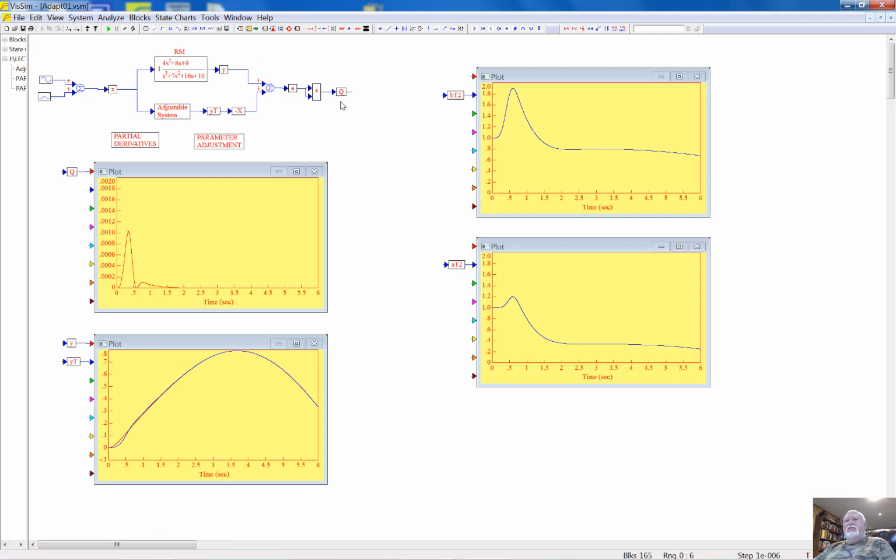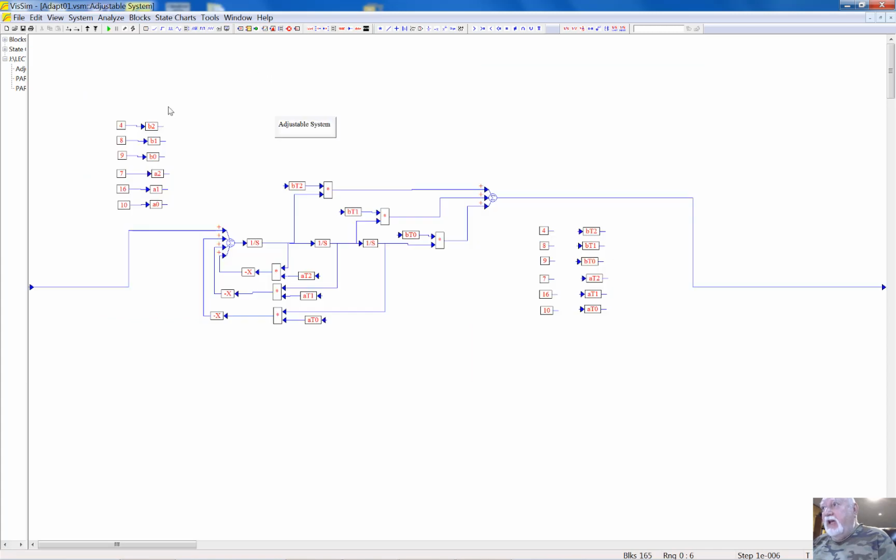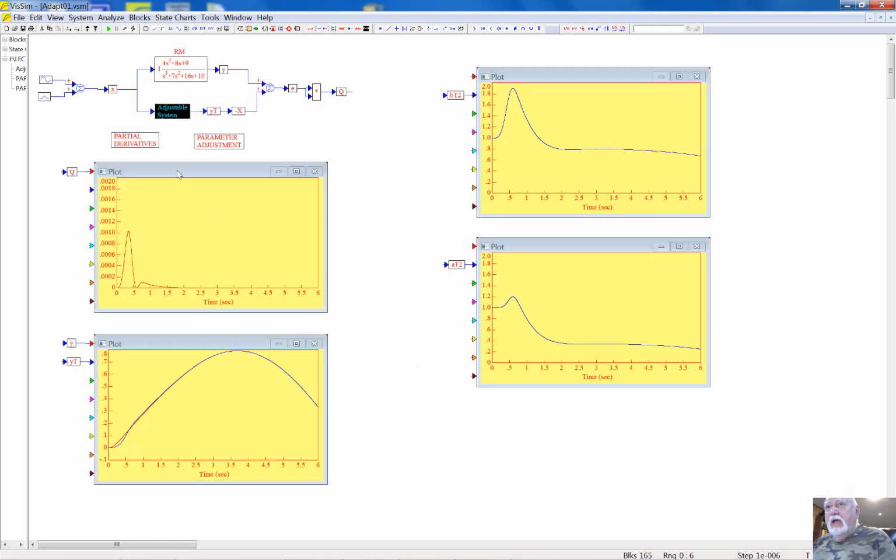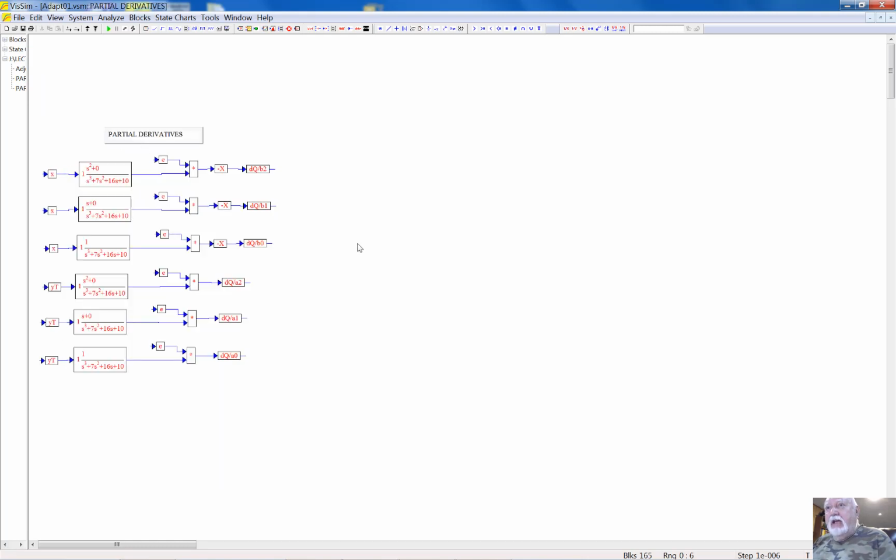So this is the system that we've been talking about, but now on your screen you see the simulator. This is the reference model. This is the adjustable system as I explained it to you. This is the computational block that computes partial derivatives of the criterion with respect to individual parameters of the adjustable system.